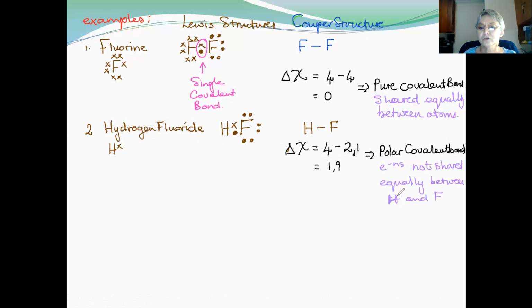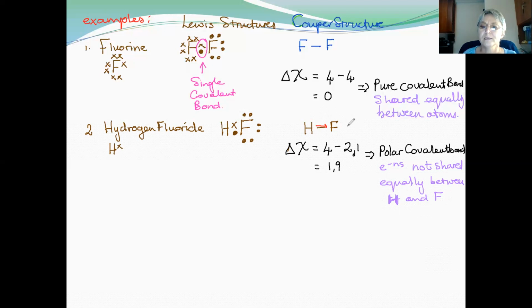Who's got the stronger pull on the electron? It's the fluorine. Now, another new thing, I can indicate that pull with a little arrow towards the fluorine.